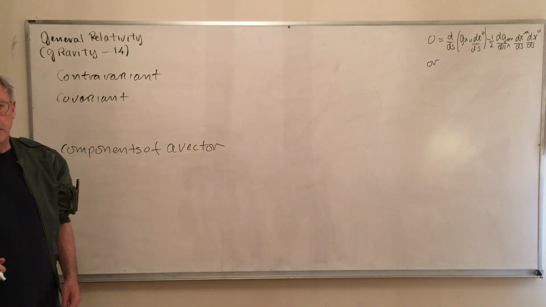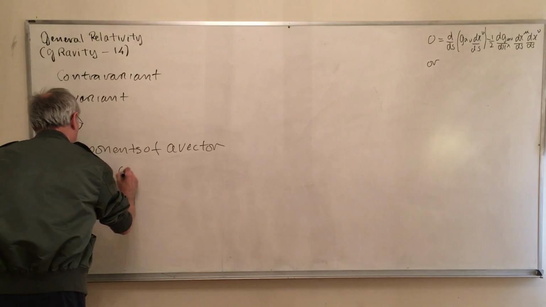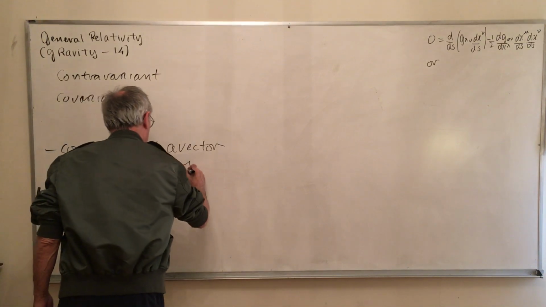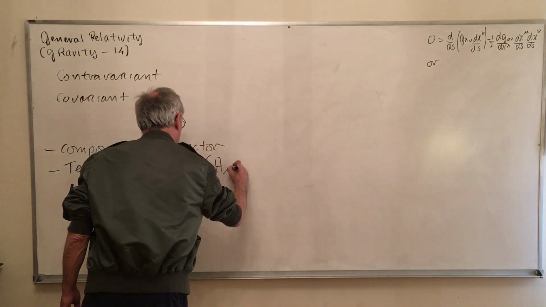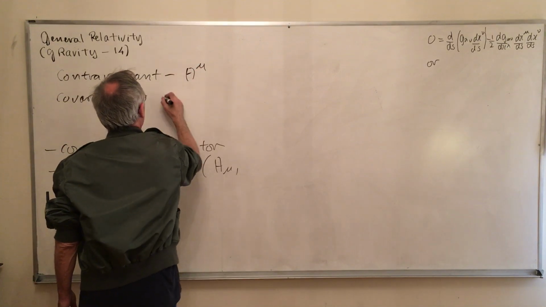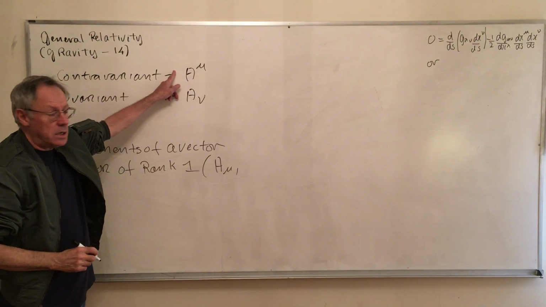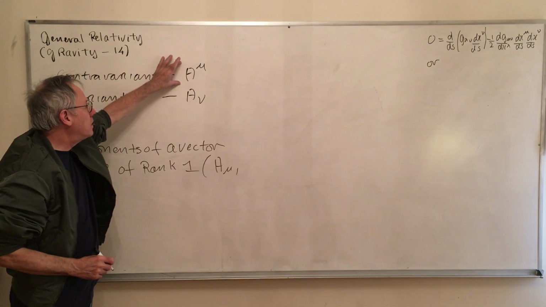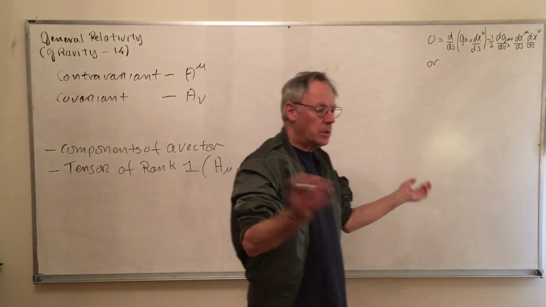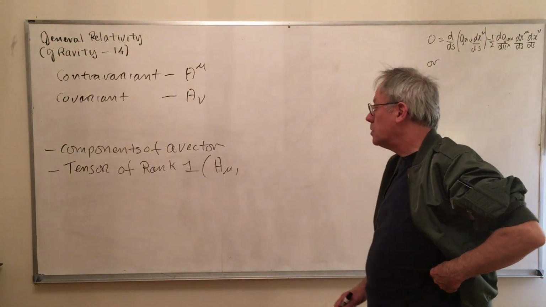Well, we specifically looked at a vector, but that's just a tensor of rank 1 because it has one index. We put the index upstairs to denote the contravariant components and downstairs to denote the covariant components. I'm going to take my time with this one because I tried to cover a lot of ground in the previous ones because I wanted to do some calculations.